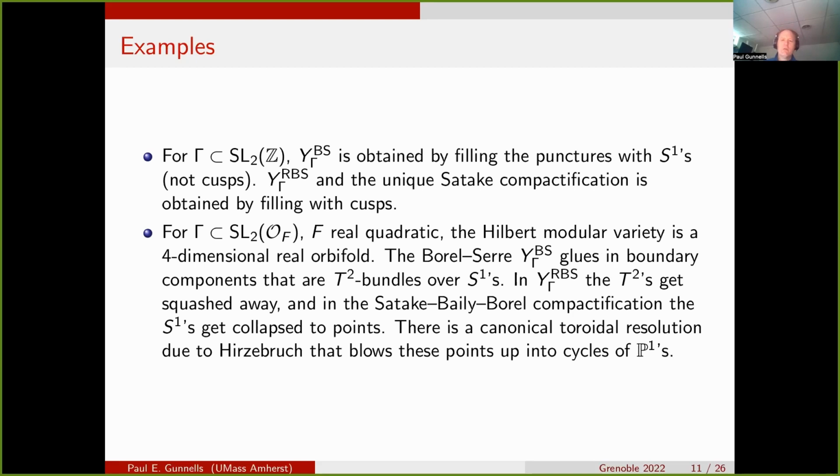This is the canonical toroidal resolution. The Hilbert modular surface is the only case where there's a canonical resolution. And this resolution is what started the whole industry of constructing toroidal compactifications in general by Mumford and his co-authors.